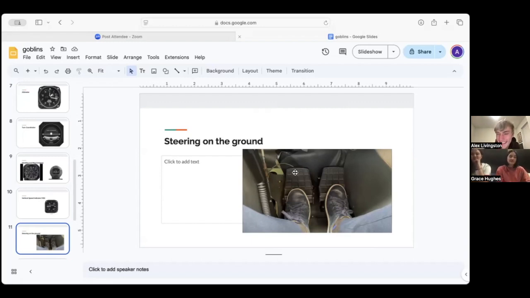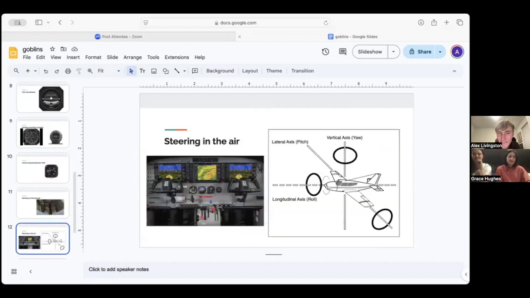Not much to it. Steering in the air. So this on the left is a standard cockpit. This isn't what I fly. I fly a much smaller version of this right now. But there's 3 things you can do in the air, and that's on the right. The way they teach it is with a pencil. I have a highlighter, if that will do.